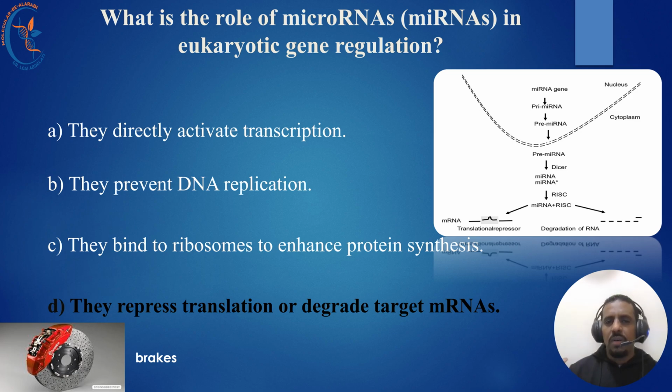We need to think of microRNAs as the molecular brakes that can slow down or stop the production of specific proteins, either by preventing the messenger RNA from being translated into protein or by causing the messenger RNA to be broken down. Okay, let's continue.